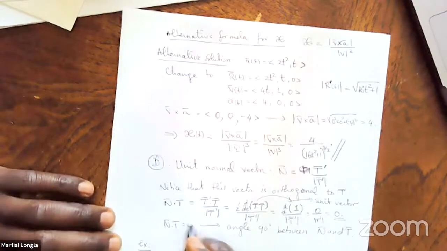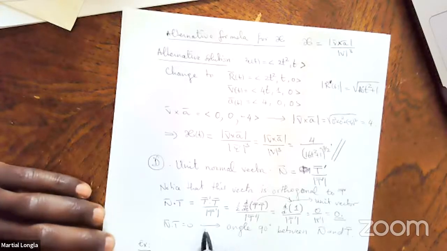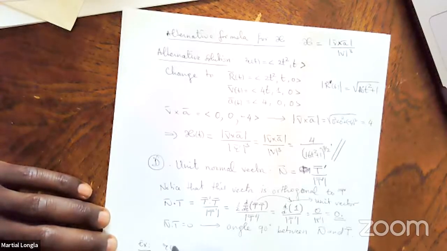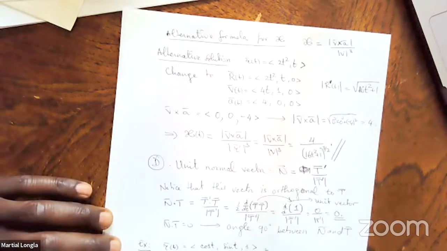In the first example, we had r of t equal cosine t, sine t, 1. We got t.